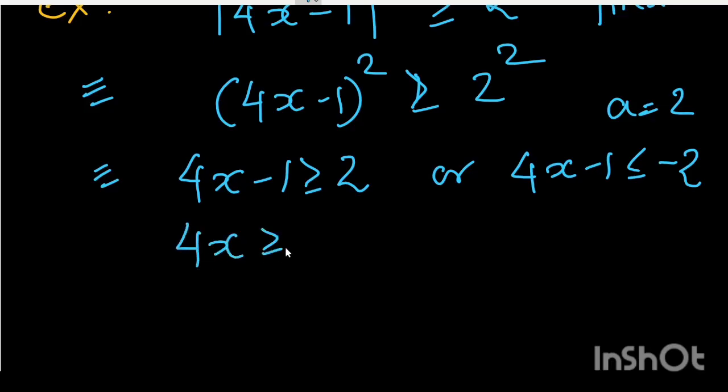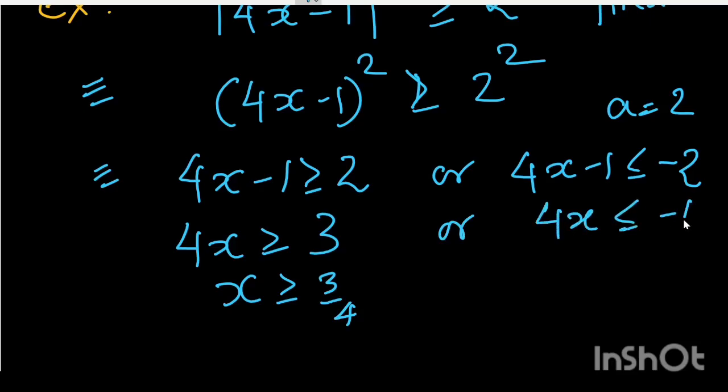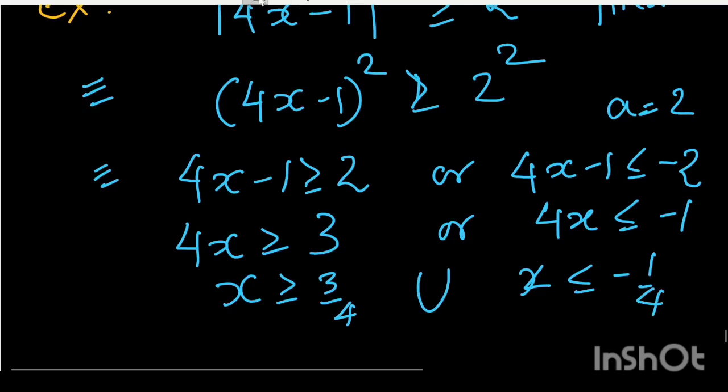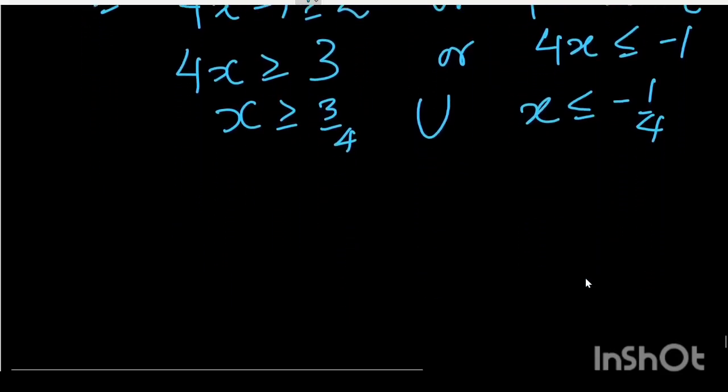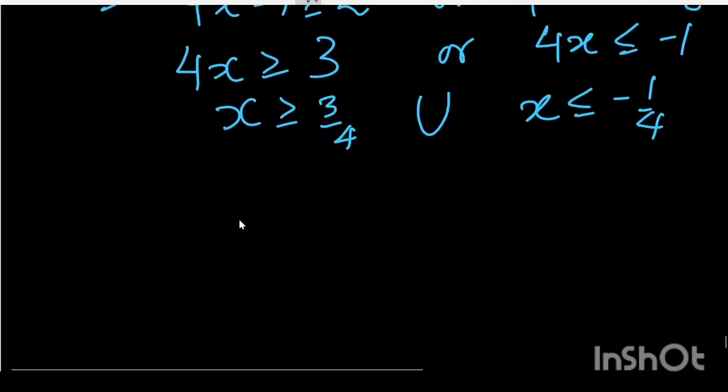So taking minus 1 to the right hand side, this becomes 3. Dividing by 4, this becomes x greater than or equal to 3 by 4. Here also taking minus 1 to the right hand side becomes minus 1. Dividing by 4, this becomes x less than or equal to minus 1 by 4. OR means union. Okay guys, so x less than or equal to minus 1 by 4 or x greater than or equal to 3 by 4. So that's the answer to this question, guys.